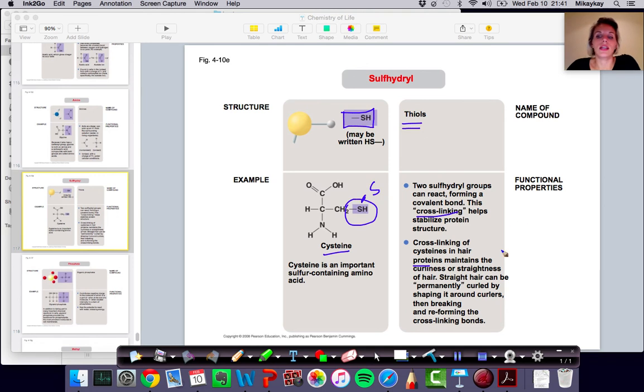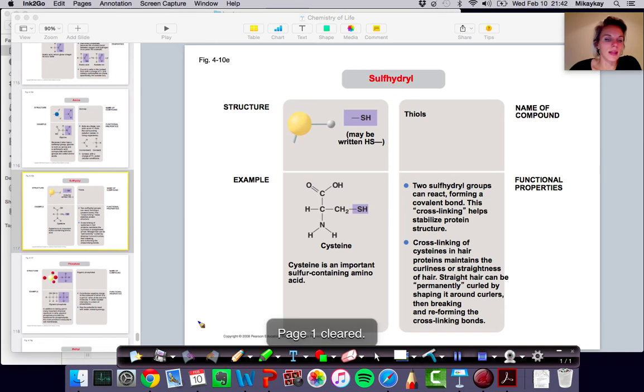When someone gets their hair chemically or permanently straightened, or curled for that matter, one way or the other, it's either breaking or forming these types of bonds. So these sulfur cross-linking covalent bonds give proteins their structure.